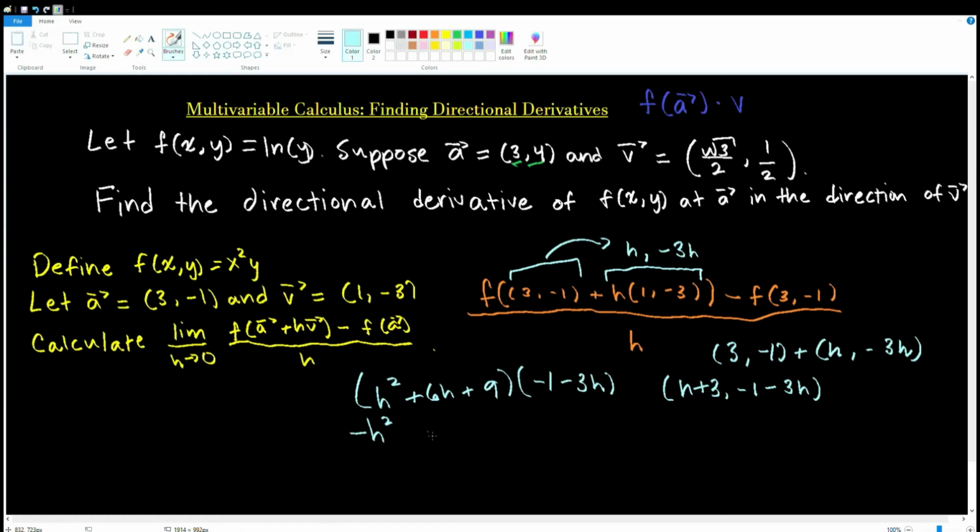Negative 1 times 6h is negative 6h. Negative 1 times 9 is negative 9. Negative 3h times h squared is negative 3h cubed. Negative 3h times 6h is negative 18h squared, and negative 3h times 9 is negative 27h. So we have simplified this.